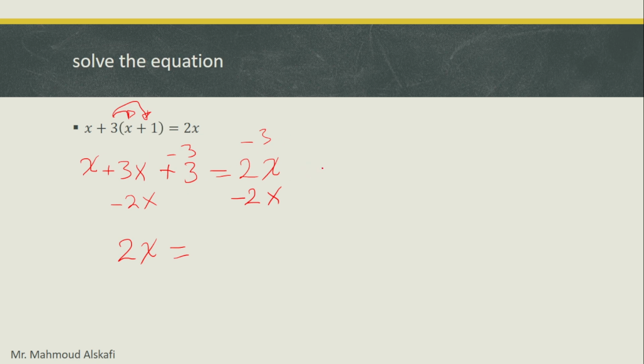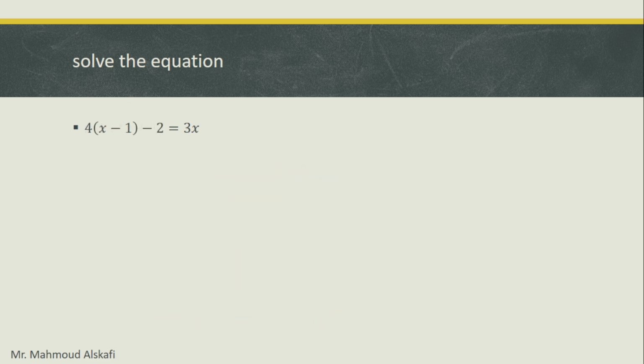Here we don't have any numbers, so we can say plus 0. 0 plus minus 3 gives me minus 3. Divided by 2, x is equal to minus 3 over 2, which is minus 1.5.